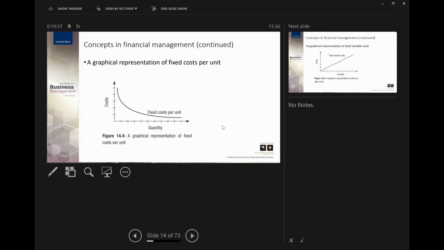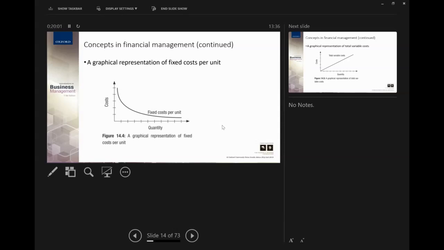Does that make sense? So here we've got our fixed cost at the very beginning of the line, right? And it's high. You can see that, right? And all they're trying to highlight is because we haven't produced any units, our fixed cost per unit is going to be high. Okay?